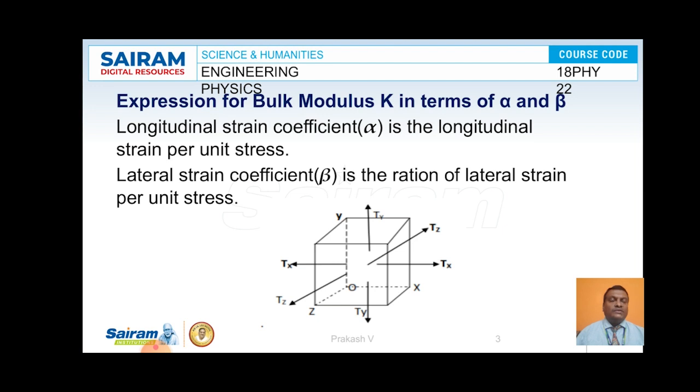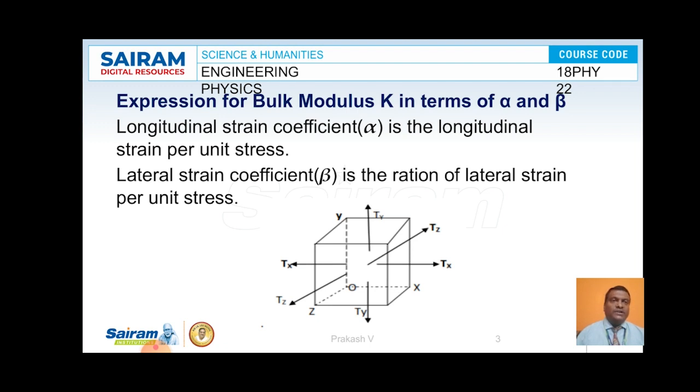And bulk modulus K is the ratio of bulk stress to bulk strain within elastic limits. So that is what is explained here. Longitudinal strain coefficient alpha is the longitudinal strain per unit stress. Lateral strain coefficient beta is the ratio of lateral strain per unit stress.